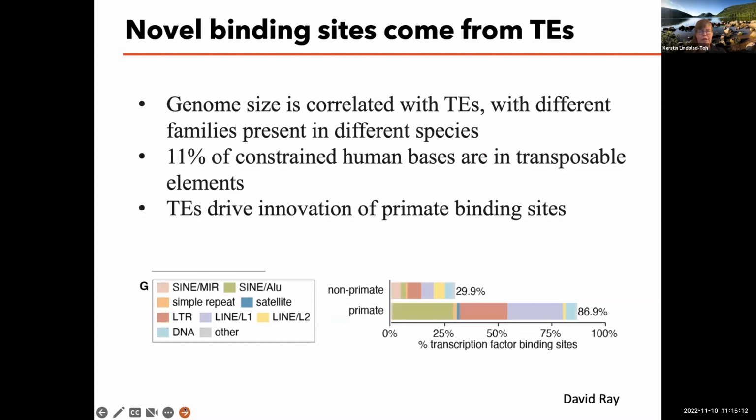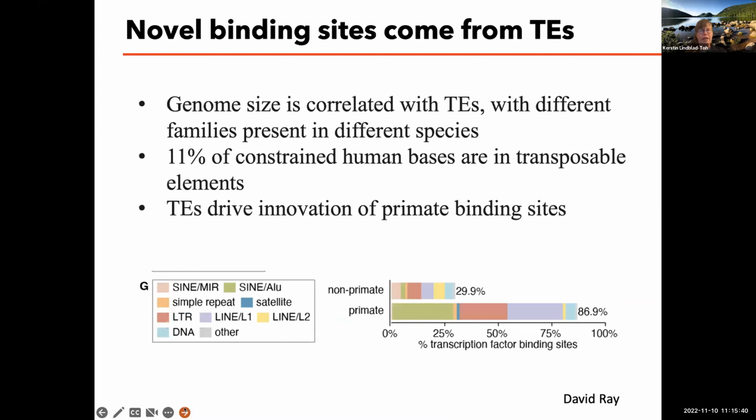We also know that the genome contains a fair amount of transposable elements, which was previously called junk, but it is of course not junk. It is in fact a source of novel innovation. So when we look across the tree, we can see that the genome size is correlated with TE content, not very surprising. But we also see that different families are present in different species or clades of species.